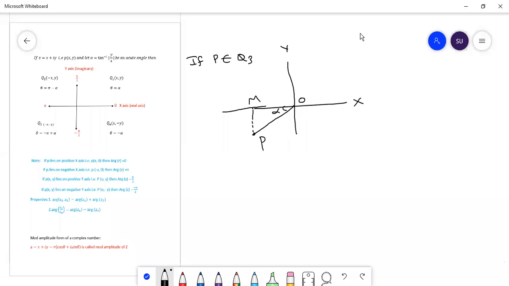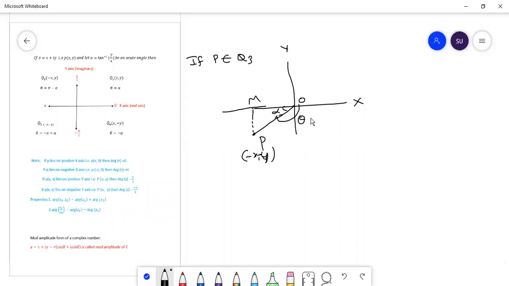Now the point P belongs to the third quadrant. That means minus x comma minus y. Again, let us consider the angle alpha is an acute angle here. But what is our argument of z? The amplitude definition is theta. This is theta, the angle we need, but it is a negative angle.